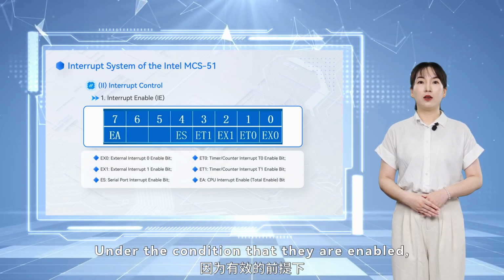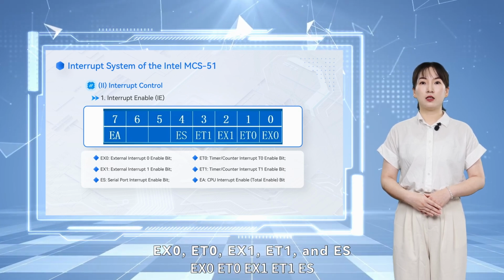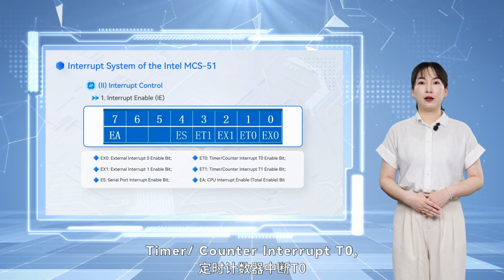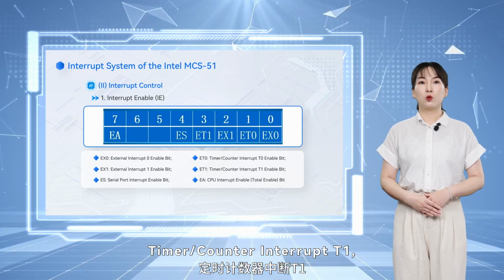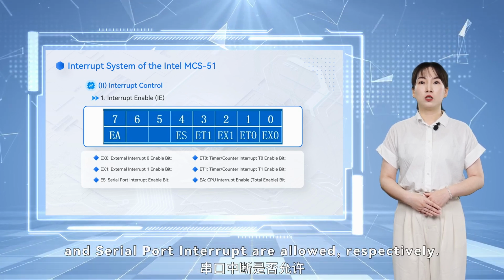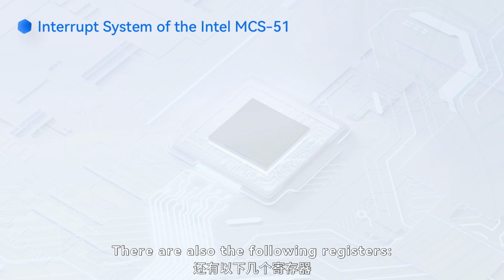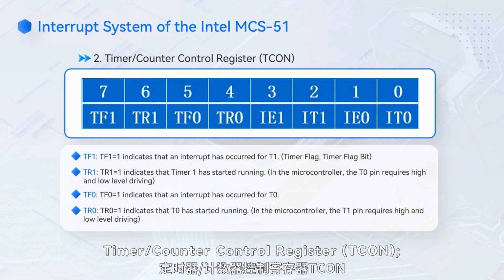Under the condition that they are enabled, EX0, ET0, EX1, ET1, and ES control whether external interrupt 0, timer or counter interrupt T0, external interrupt 1, timer or counter interrupt T1, and serial port interrupt are allowed, respectively. All of these are active high. There are also the following registers: timer or counter control register, TCON.